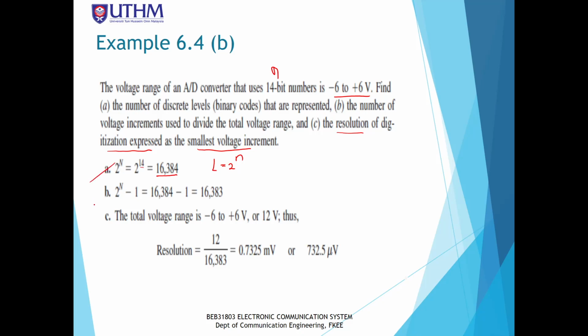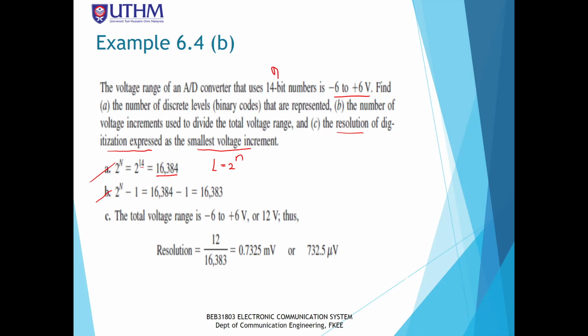And then the question asks, how much is the number of voltage increments used to divide the total voltage range? So the second question is actually asking how many step sizes.